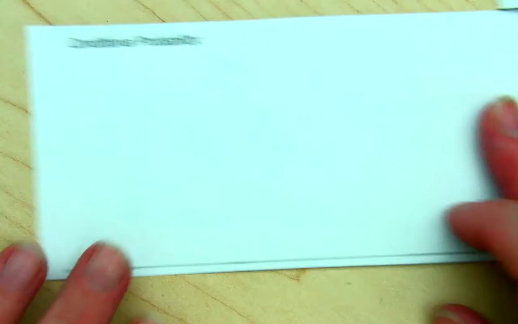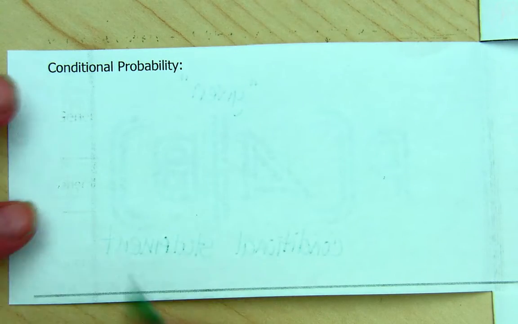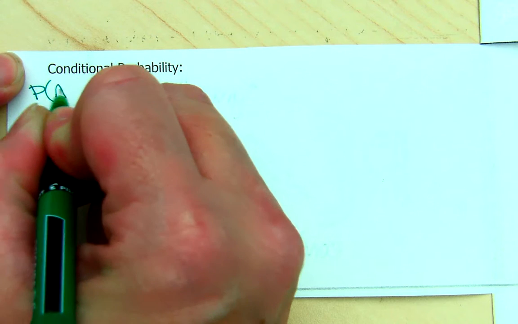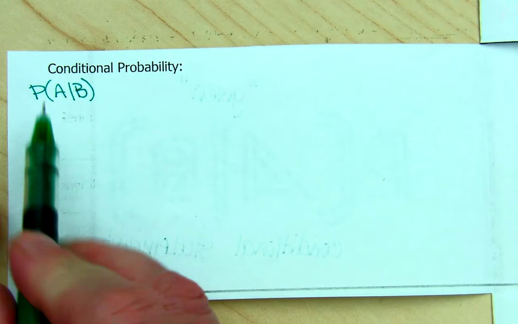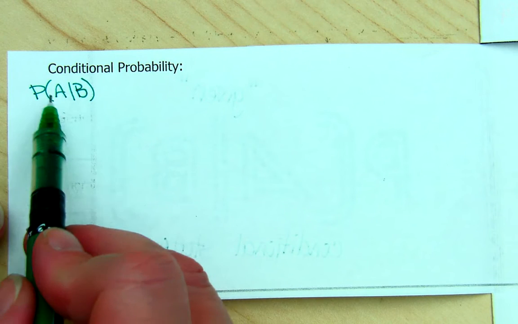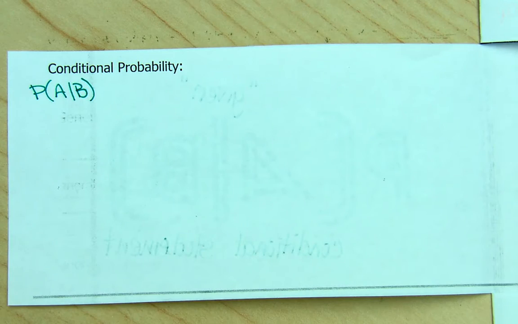Okay. So, conditional probability. Probability of A, B, so it's A with a line, then B, or B with a line and A, or whatever two things you're talking about.